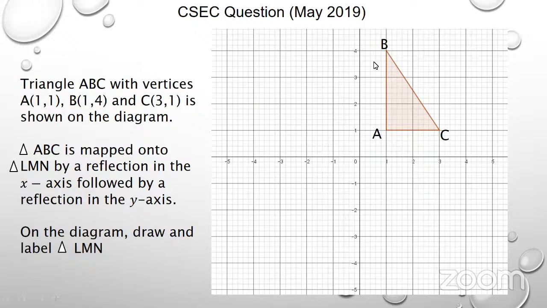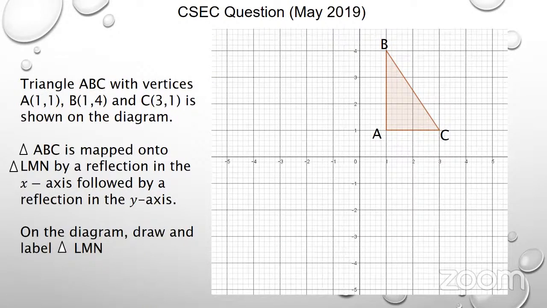We can look on the graph and see that that's the coordinate there for A. B is (1, 4), 1 on the X, 4 on the Y, it's labeled there, and C is (3, 1), 3 on our X-axis and 1 on the Y-axis. And so that is triangle ABC with vertices A (1, 1), B (1, 4), and C (3, 1). So it is shown on this screen as we speak.